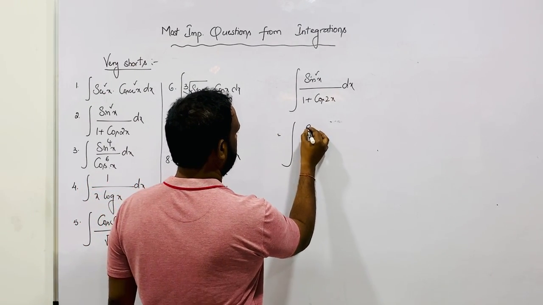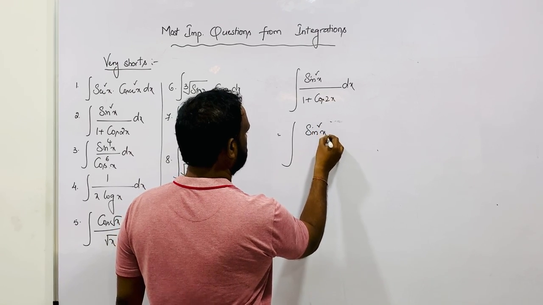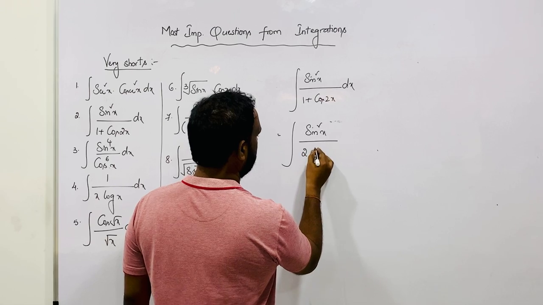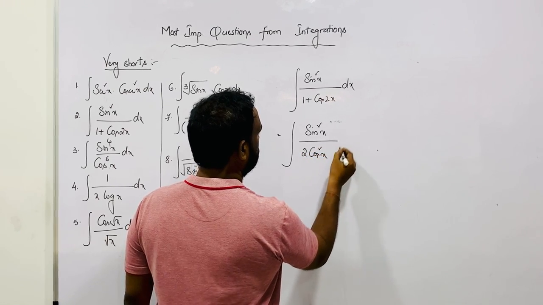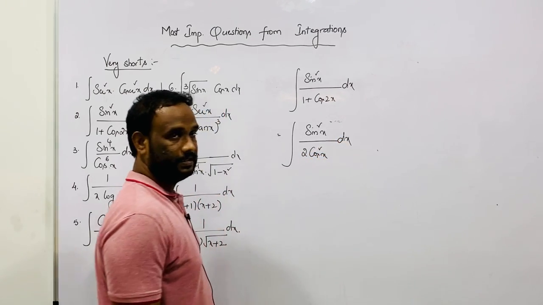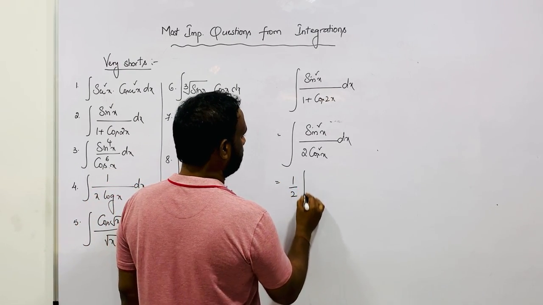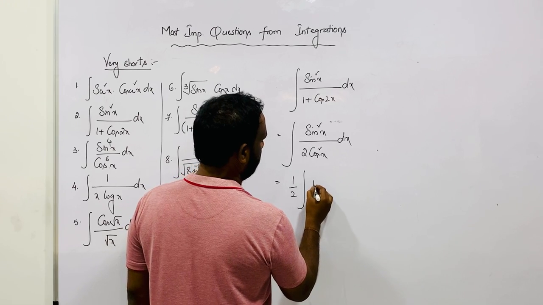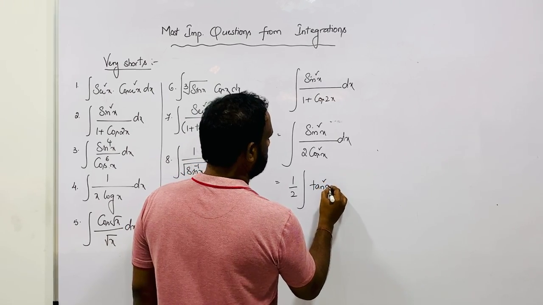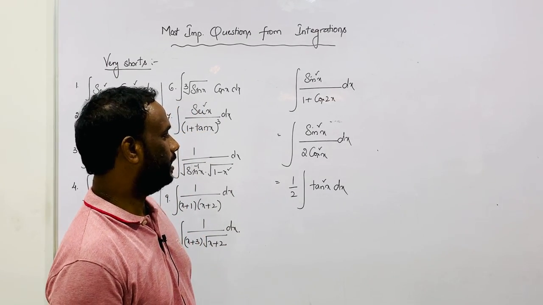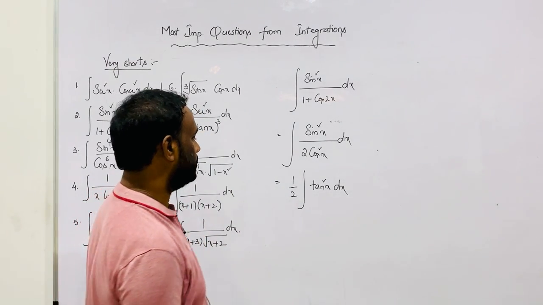So the integral of sin square x divided by 1 plus cos 2x can be written as sin square x divided by 2 cos square x dx. Then take the constant 2 outside, then sin square x by cos square x will be tan square x dx. Here we don't have a direct identity for the integral of tan square x.